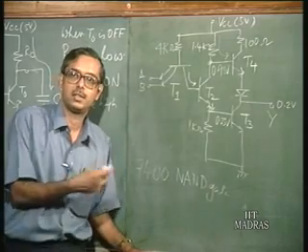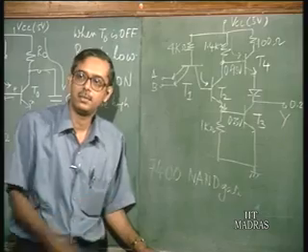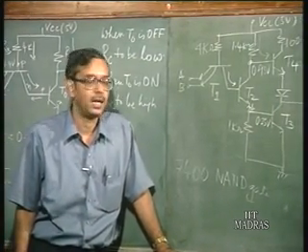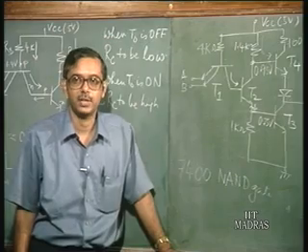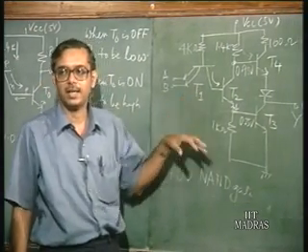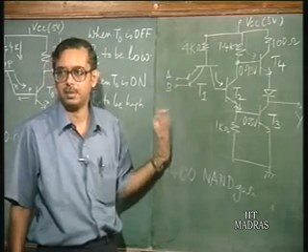Well, this is the first early version of TTL. The TTL gates which are available nowadays have been further modified many number of times. So we shall see again how this has its drawbacks and how the further modifications improve their properties.